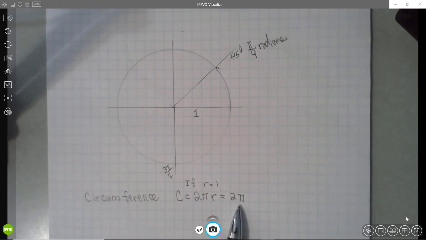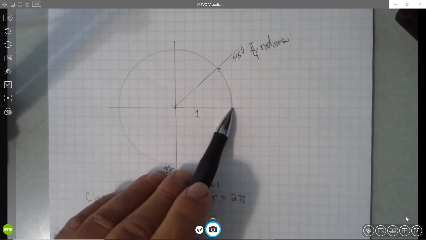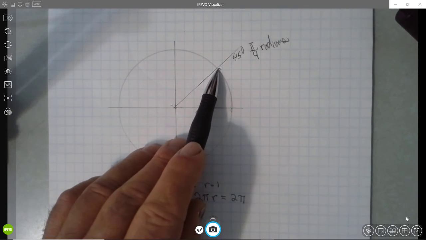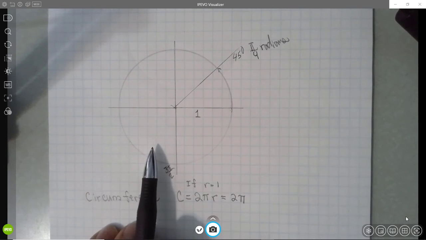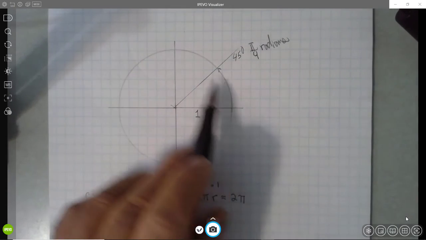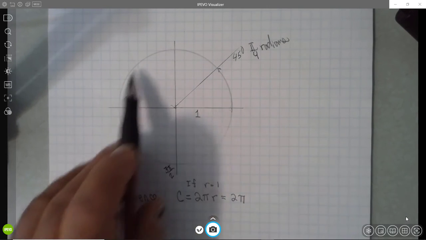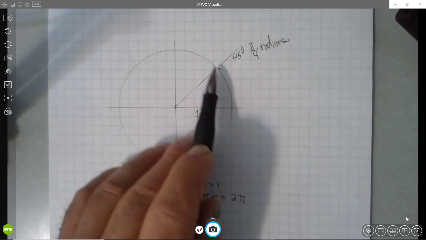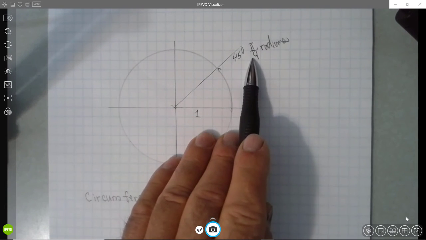So if you wanted to drive from the starting point up to the terminal point where you have, say, a 45-degree angle, well, what you would do is this. You'd know that all the way around is 2 pi miles. This would be pi miles, pi over 2 and pi over 4. It comes out to be a nice multiple of pi.